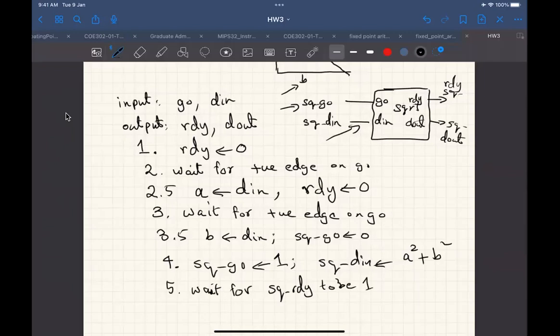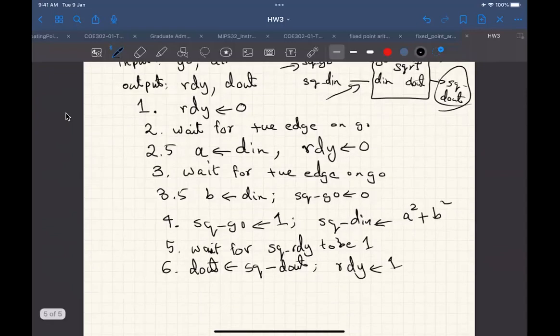Once it is 1, I know that my d out is this square root d out, and my ready is 1. And then at step 7, or even at step 6, I can just right away go to step 2.